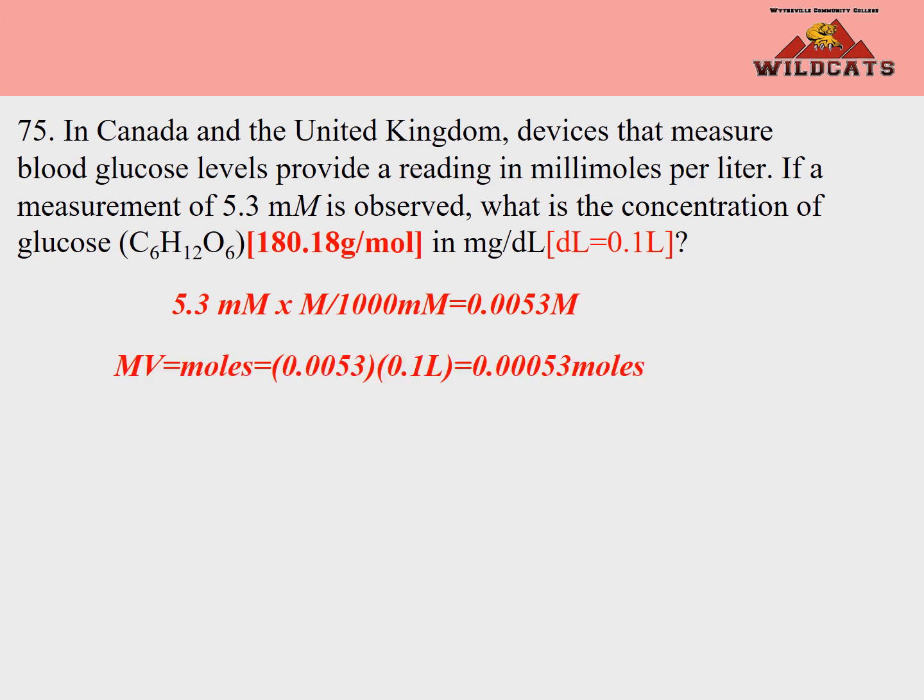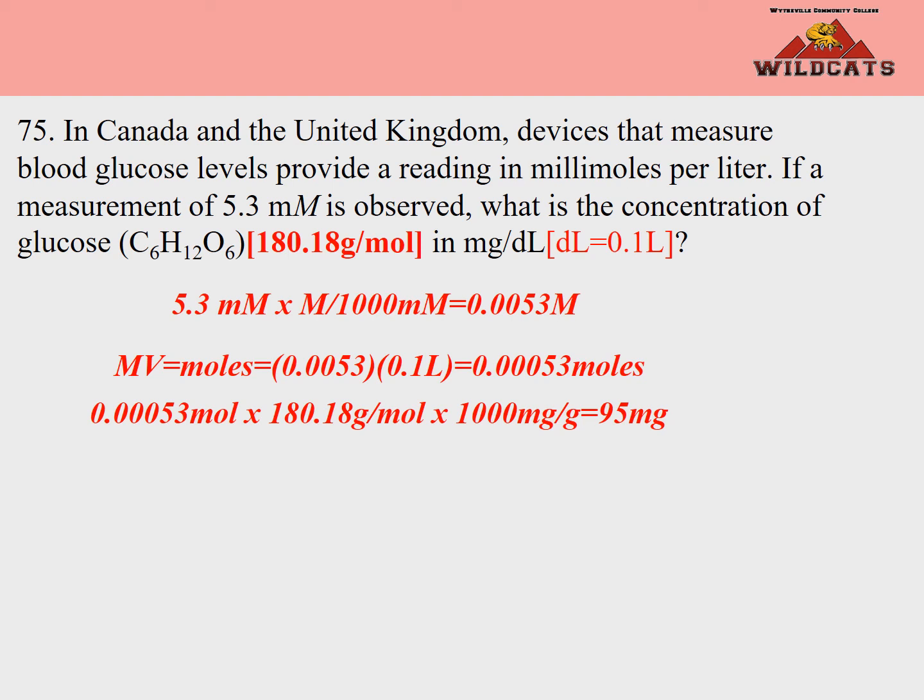for molarity. M times V gives me 0.00053 moles of glucose. Then I'm going to take the moles times the molar mass, and that gives me grams.